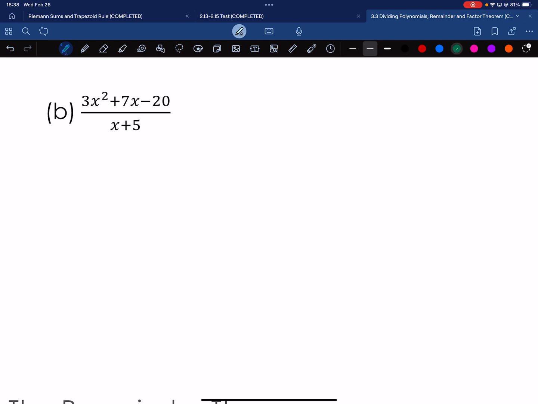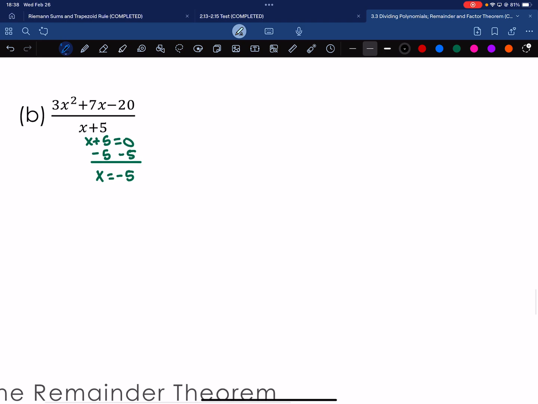So we take what's in the denominator, we set it equal to 0, and we solve for x. This time we're going to subtract 5 from both sides. We get x equals negative 5. So that is the number that's going to go in our half box.